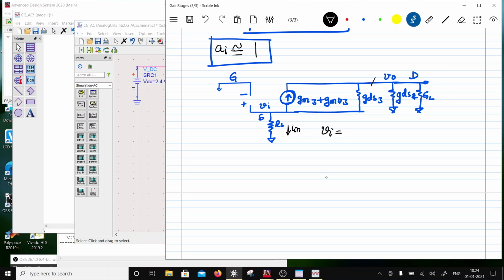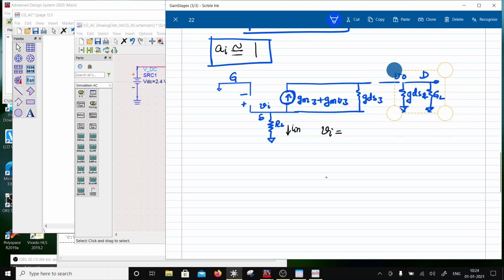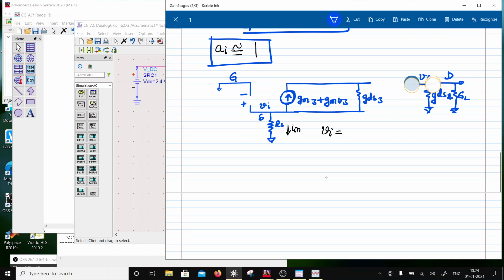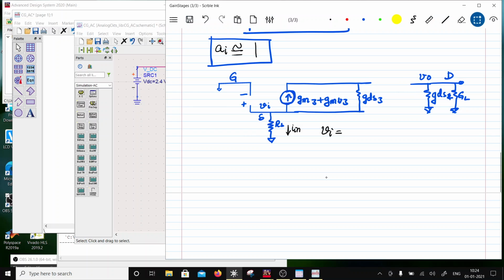Let's say I break the circuit over here, and let's place it to the side like this. What I'm going to do is look inwards this way.